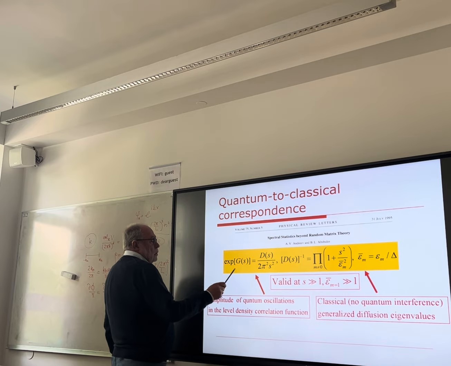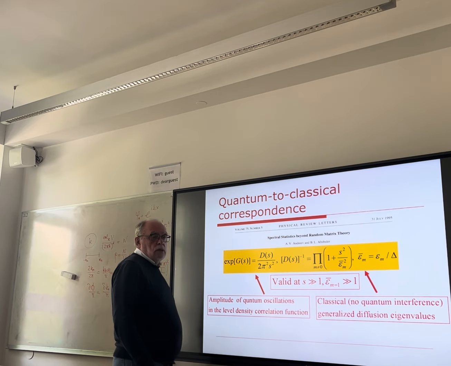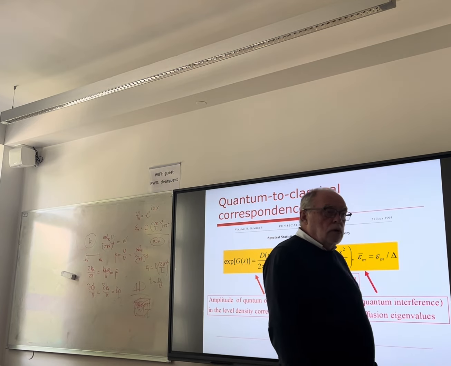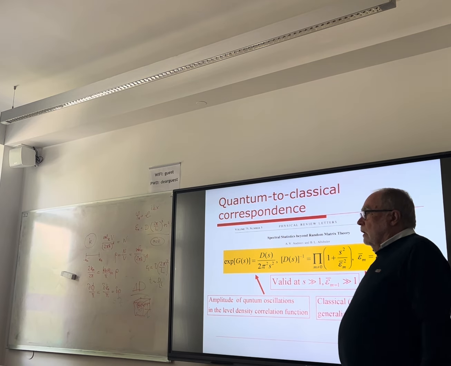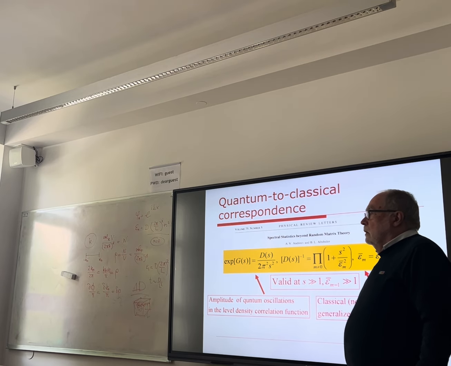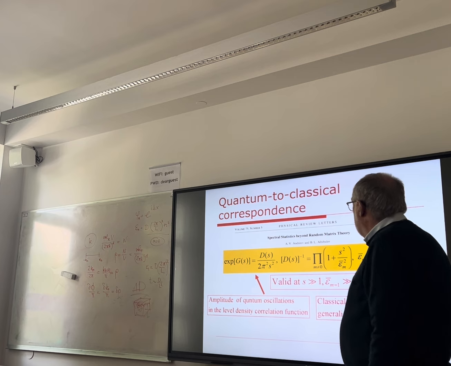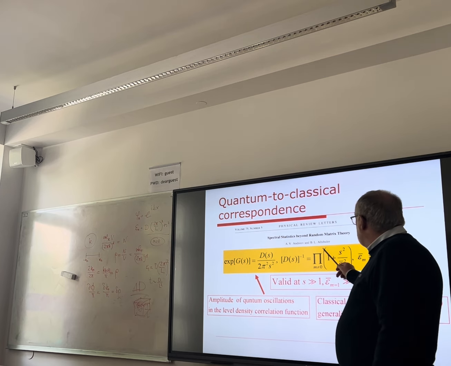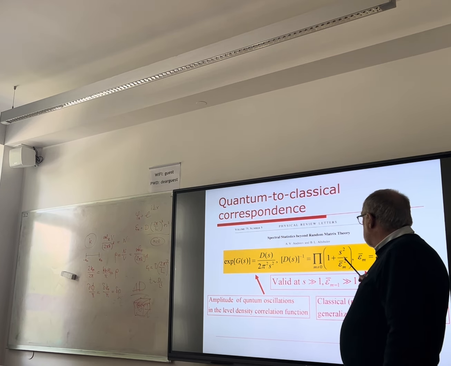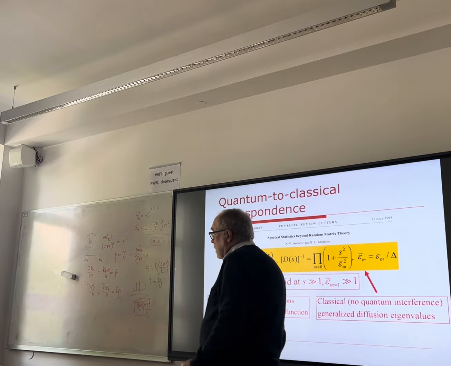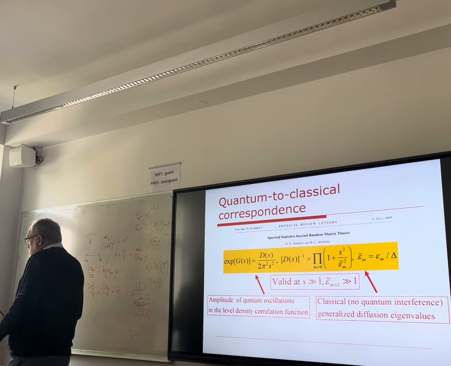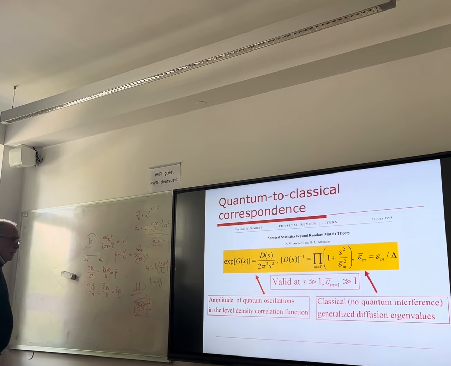If I know E to G, I know level statistics, which is quantum, because level statistics is formed by interference. And on the right hand side, there is nothing quantum, there is only this classical spectrum of generalized diffusion, generalized spreading.